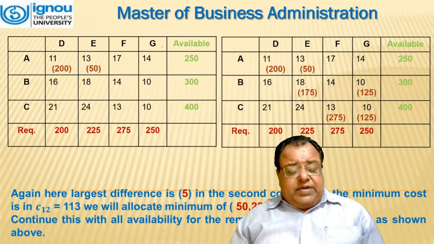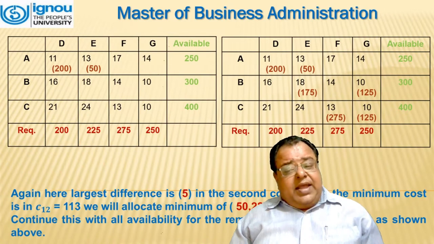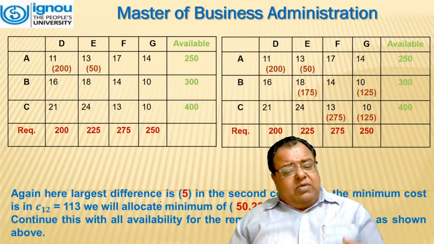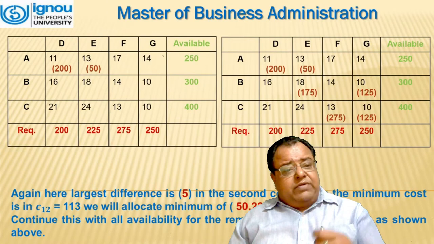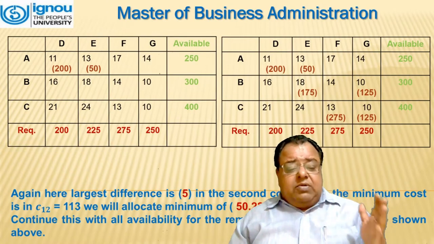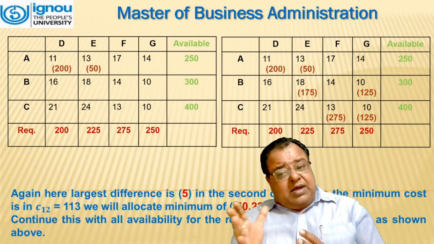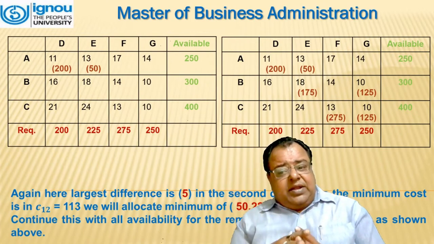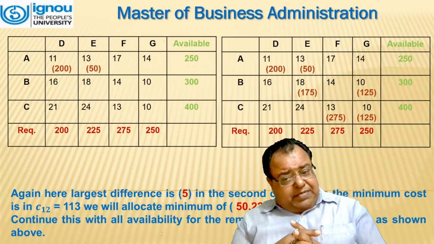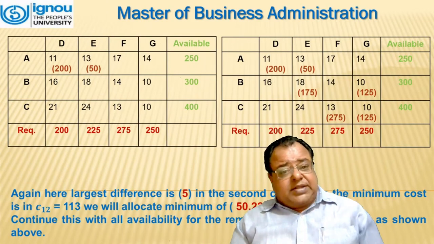Again, here the largest difference is 5 in the second column, as the minimum cost is in C12, that is 13. So we can allocate the minimum of 50 and 225 over there. Continue this till all availability of the remaining rows and columns is exhausted, as shown above on the right side. Complete allocation has been done as per this method.